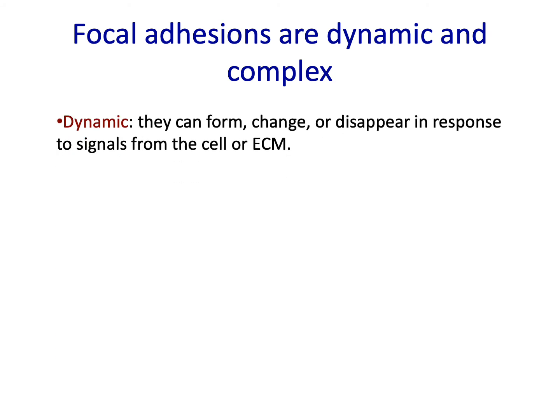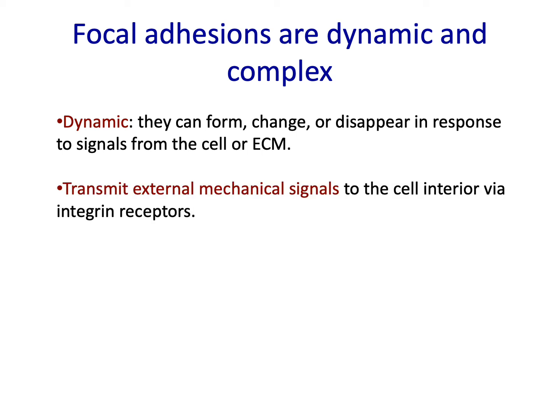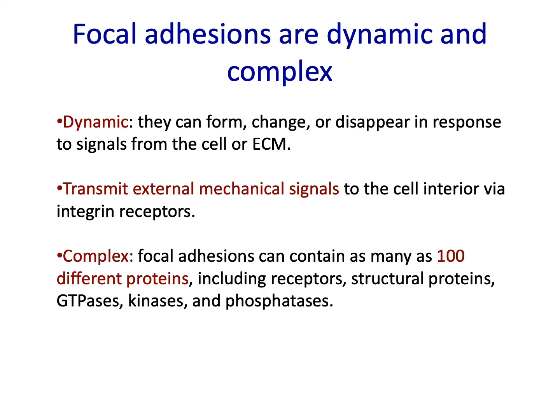Focal adhesions are dynamic. They can form, change, disappear in response to many different signals, either coming from the cell itself or received from the external environment. Focal adhesions can transmit mechanical signals from the tissue itself to the cell via these integrin receptors, and the receptors in turn are bound to many different types of proteins within the cells.